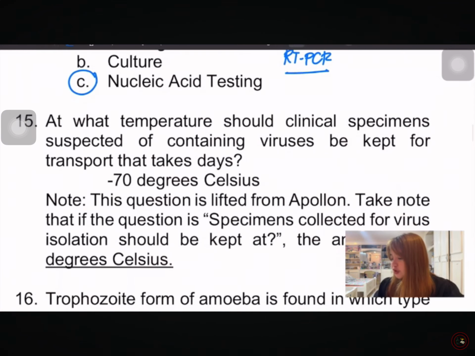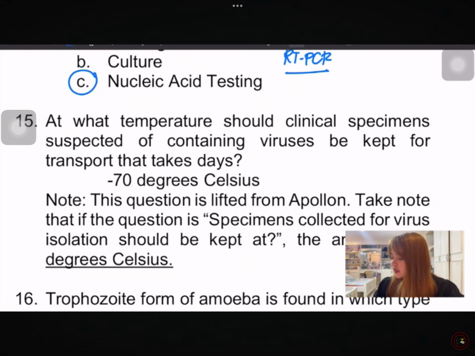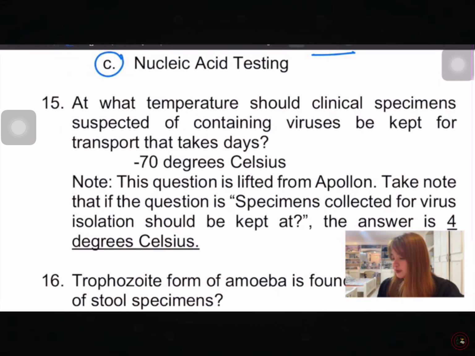At what temperature should clinical specimens suspected of containing viruses be kept for transport that takes days?